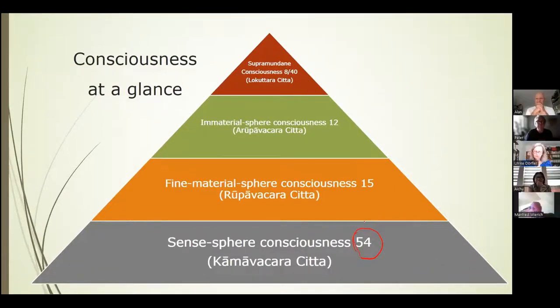Literally, Kamavacara Chitta is sense-sphere consciousness, and the next group is Rupavacara Chitta, 15, fine-material consciousness. The next group is 12 Arupavacara Chitta, immaterial sphere consciousness. And the last group is 8 or 40 Lokuttara Chitta, supramundane consciousness. So this is consciousness at a glance.